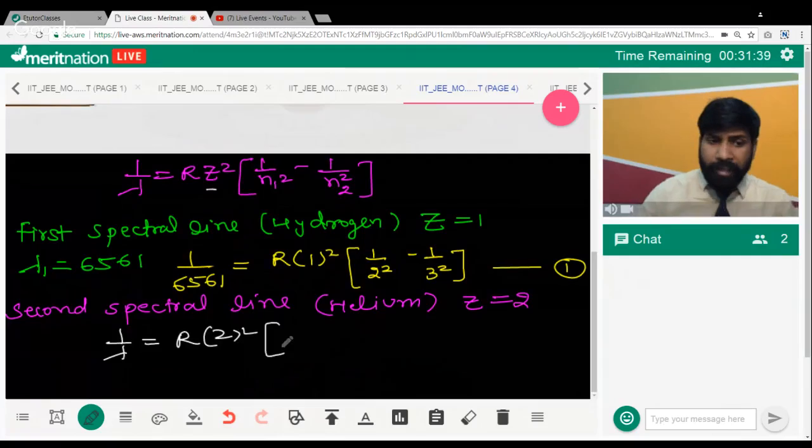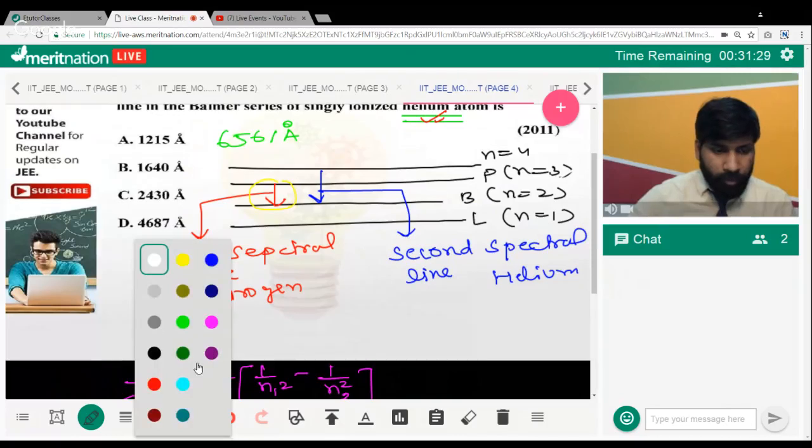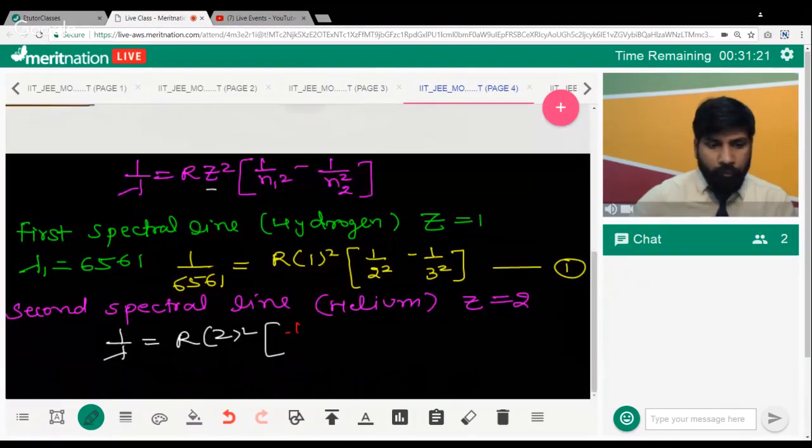Second spectral line means here 4 to 2, this one is 4 and this one is 2, and for first spectral line 3 to 2. So here I can take 1 by 2 square minus 1 by 4 square.